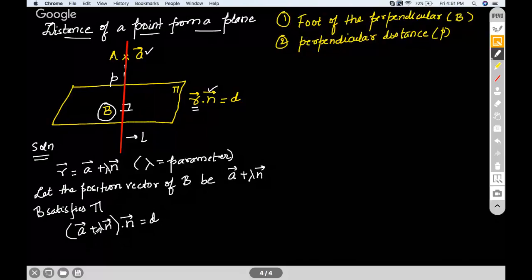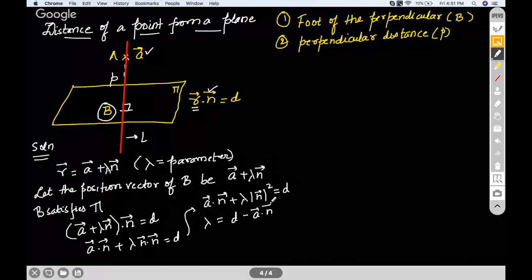Now, if you open this bracket, it becomes A dot n plus lambda n dot n is equal to D, which implies A dot n plus lambda mod n square is equal to D. So lambda is going to be (D minus A dot n) by square of mod n.